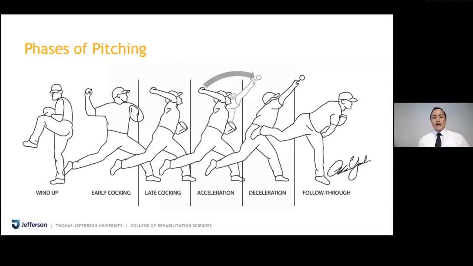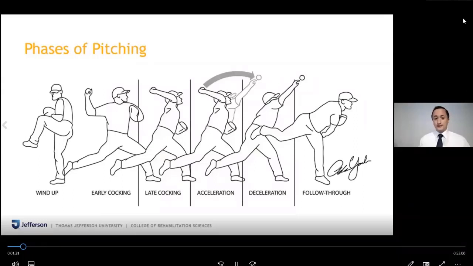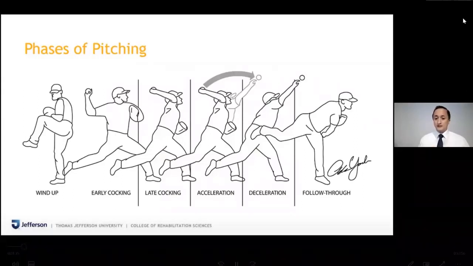As we walk through this, I'll be walking through the phases of pitching and identifying some of the biomechanical features that we see that should be occurring, but also the ones where we see common faults. We'll walk through windup, early cocking, late cocking, acceleration, deceleration, and follow through.